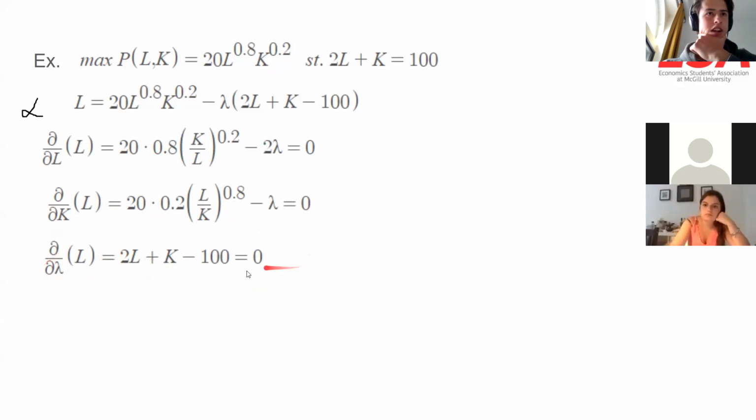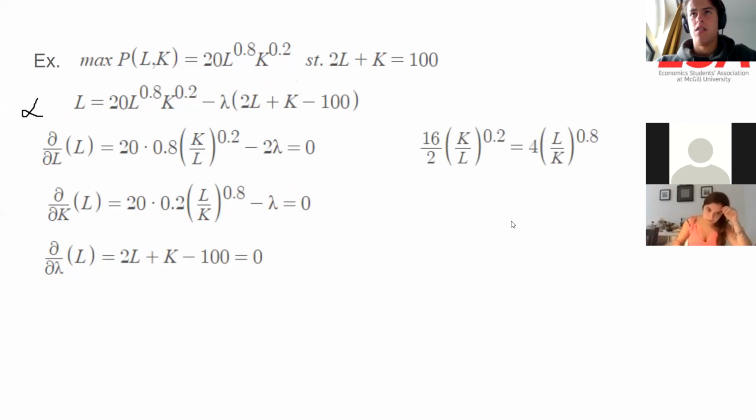So the third first order condition would then be the derivative with respect to lambda. So we get 2L plus K minus 100, which again is wrong, but it actually doesn't matter. But yeah, it's wrong. It should be negative here, plus here.